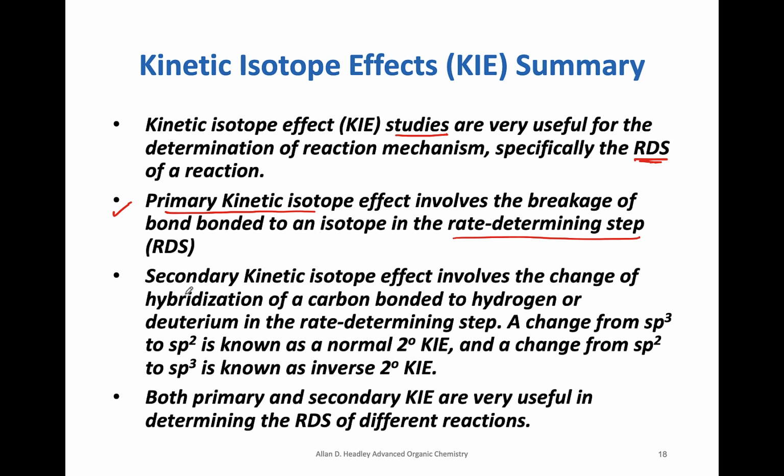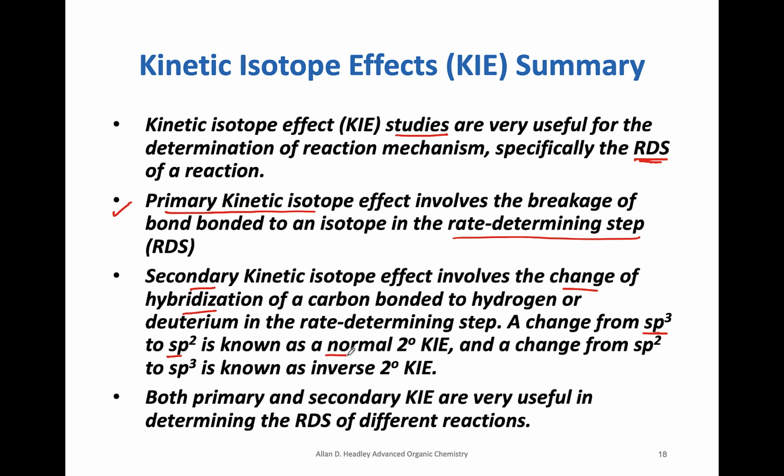A secondary isotope effect involves the change in hybridization. So a normal secondary kinetic isotope effect studies involves the change of hybridization, in this case a carbon, from sp3 to sp2.